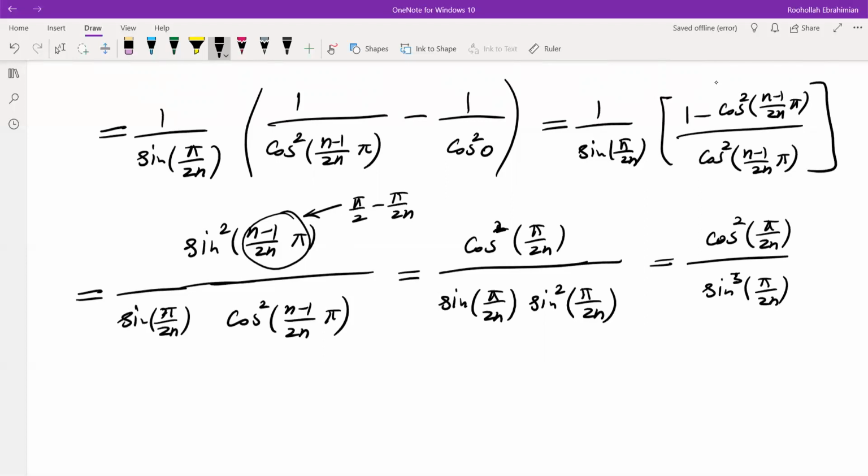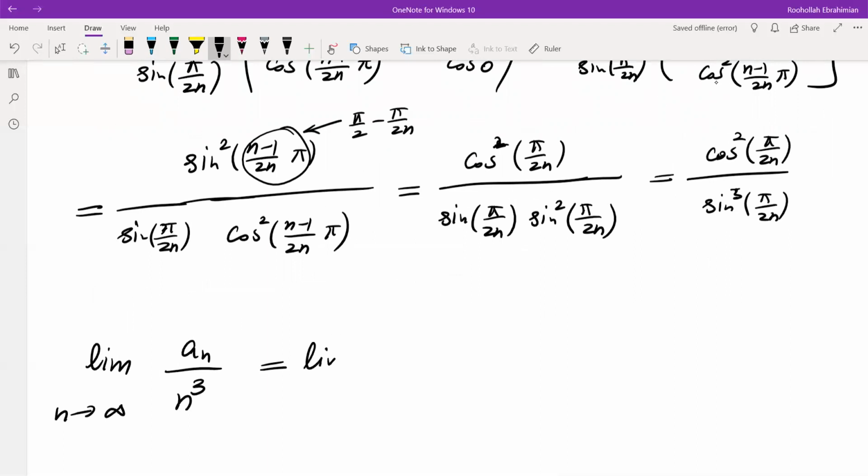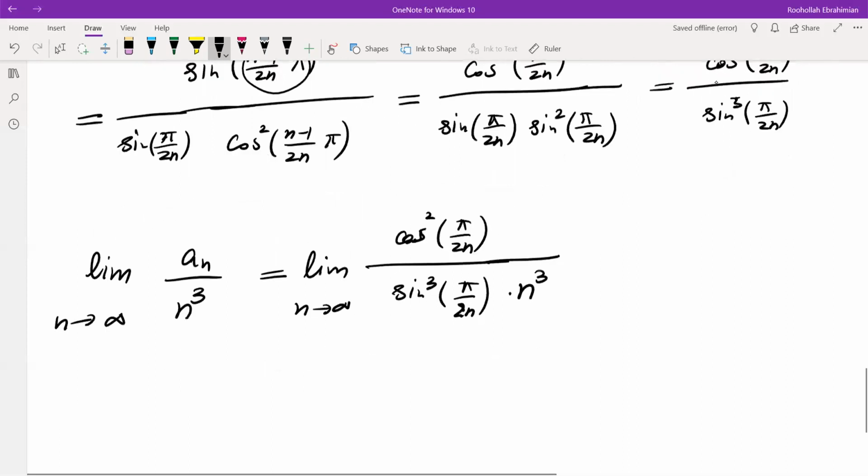Okay, so now the limit as n goes to infinity of a_n over n cubed becomes the limit as n goes to infinity of cosine squared of pi over 2n divided by sine cubed. This is your a_n, and then you have to multiply that by n cubed. Now, as n goes to infinity, this angle goes to 0, which means its cosine goes to 1.